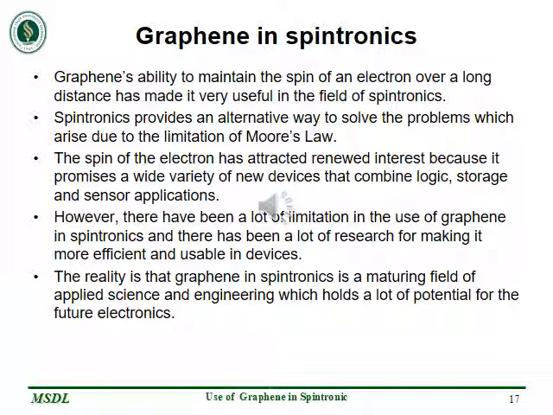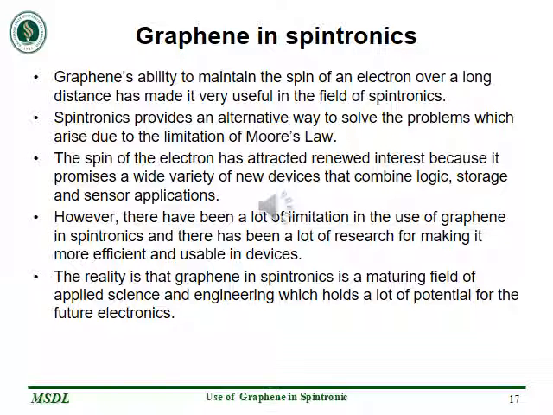Graphene's ability to maintain the spin of an electron over a long distance has made it very useful in the field of spintronics. Spintronics provides an alternative way to solve the problems which arise due to the limitation of Moore's law. The spin of an electron has attracted renewed interest because it promises a wide variety of new devices that combine logic, storage, and sensor applications.